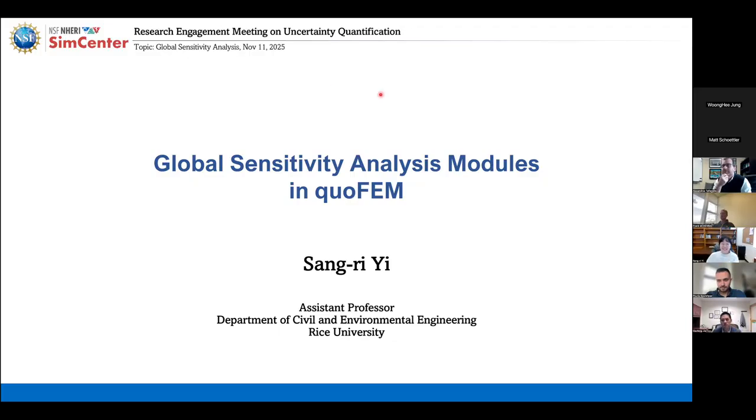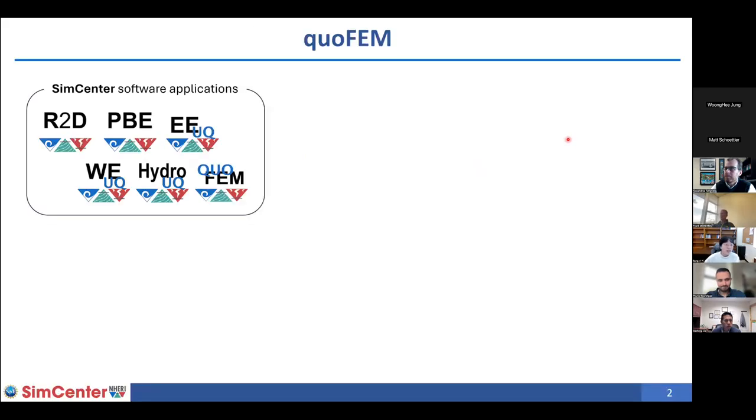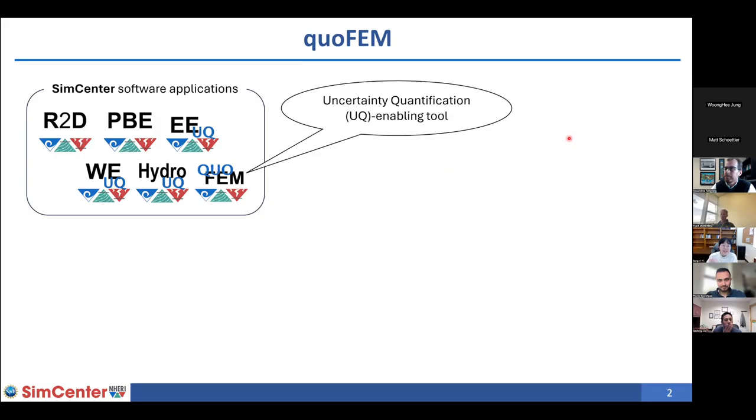Yes. Okay. So I will talk about global sensitivity analysis modules inside QuoFEM. QuoFEM is one of the software tools we developed in SimCenter. And the idea is that it's an uncertainty quantification enabling tool.